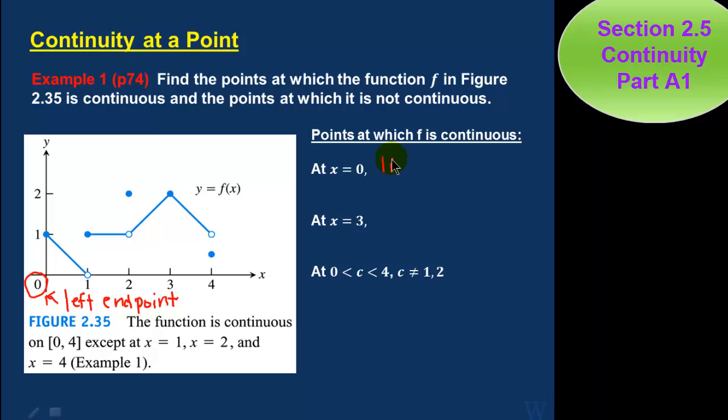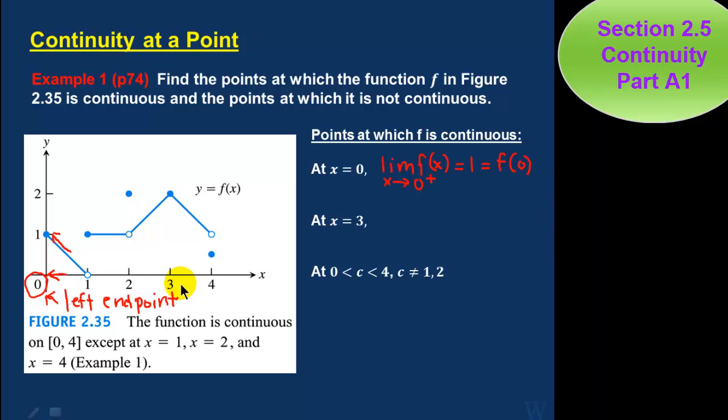We take the limit of f of x as x approaches 0, coming from the right. Here I have all my x's approaching 0 from the right, and where do my y values approach? The y values approach 1. And it turns out that f of 0 is also equal to 1.